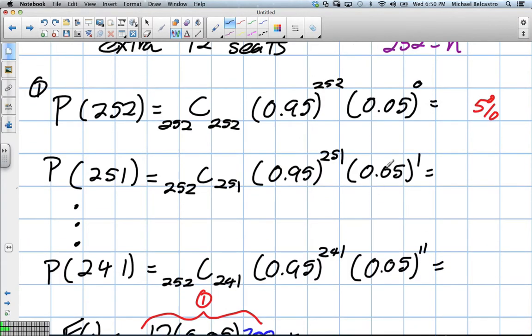I'll do the second one, you do the first one, and we'll calculate these actual probabilities. So 252 choose 251. Oh, my calculator can't do those permutations. Here, you do this one, I'll do that one.